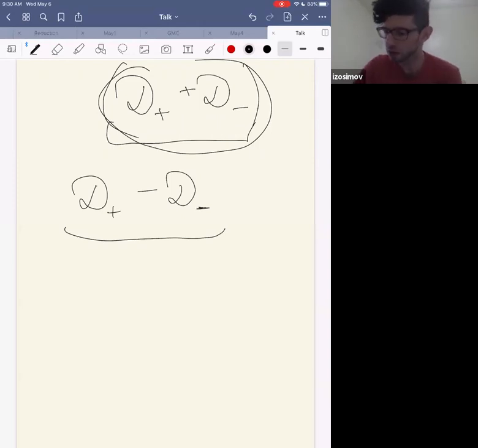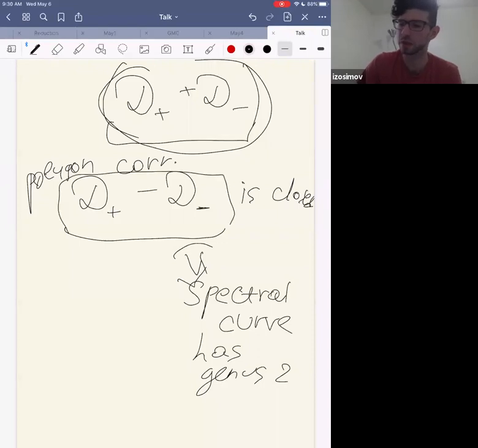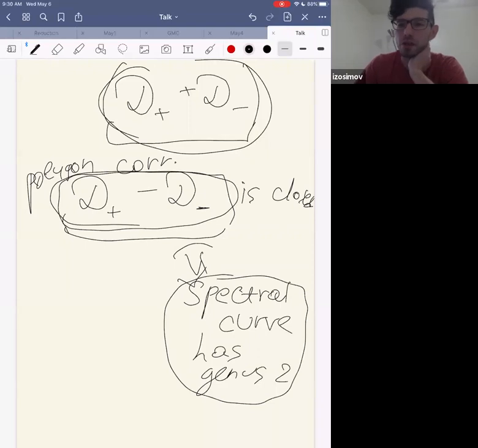And what I showed is that the spectral curve may only have genus 2 if and only if the polygon corresponding to this operator is a closed polygon. In other words, this operator d plus minus d minus should be superperiodic, or monodromy free, which is in general not going to be the case. So only if this is monodromy free, the spectral curve may have genus 2.